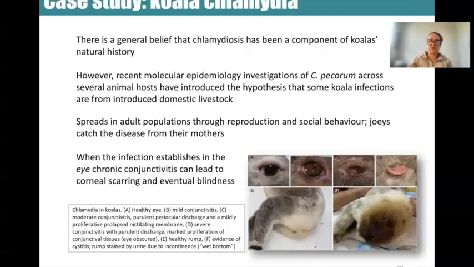So if we just flip back to the previous slide, here you have a koala bottom of a healthy individual, and this is the bottom of a koala that's infected with chlamydia, and the rump is stained due to that incontinence caused by chlamydia.